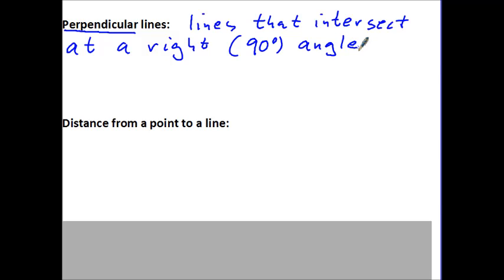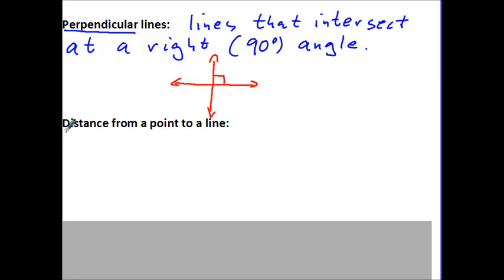These lines intersect at a right angle, an angle of 90 degrees. So if I were to draw this, let's look at these lines. They intersect at the angle they form, and that's actually on both sides, is a right angle.